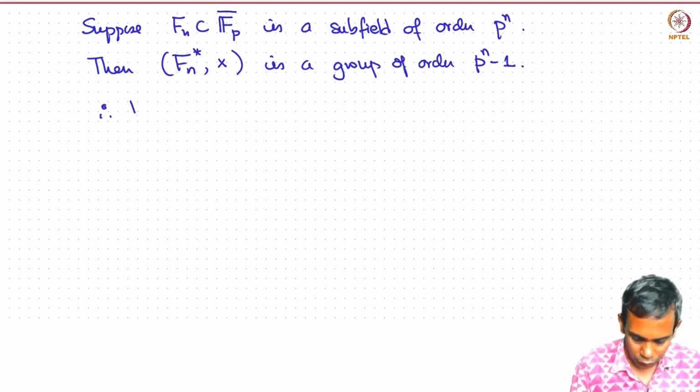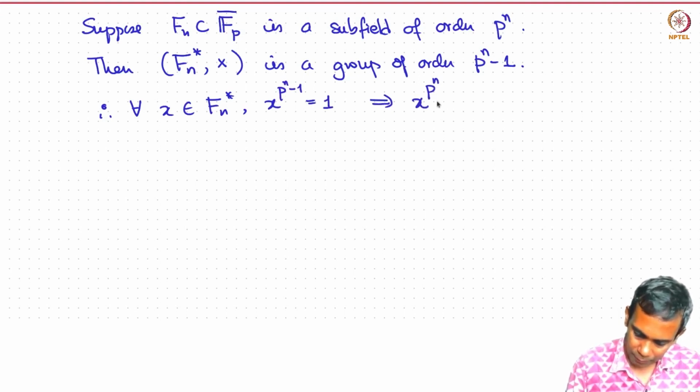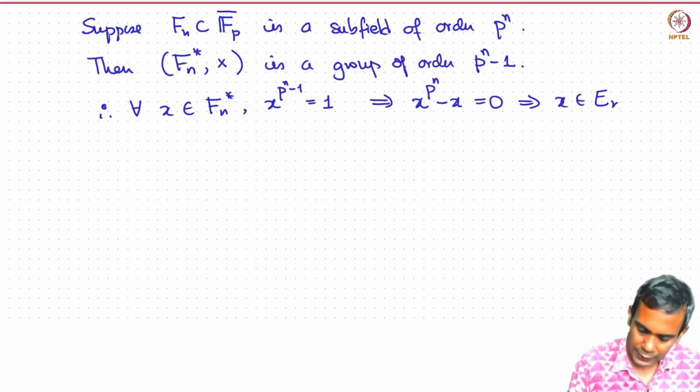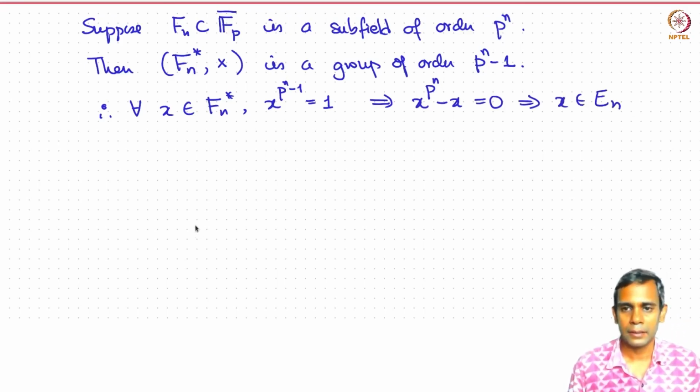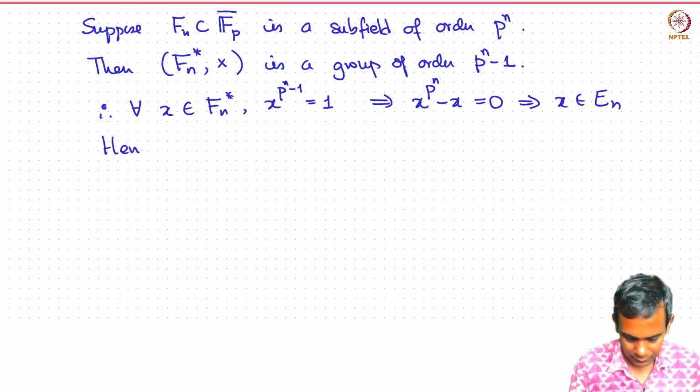Therefore, for every x in Fn star, x to the power p to the n minus 1 is equal to 1, which implies that x to the power p to the n minus x is equal to 0, which is just saying that x belongs to the field En that we had considered earlier. And hence, Fn is contained in En.